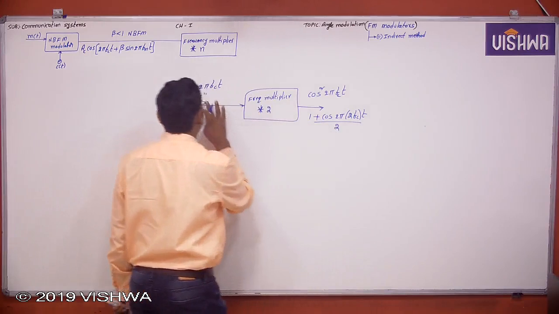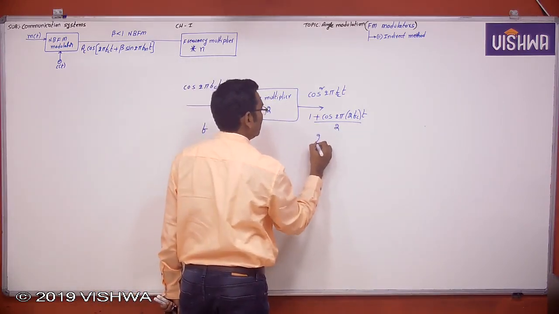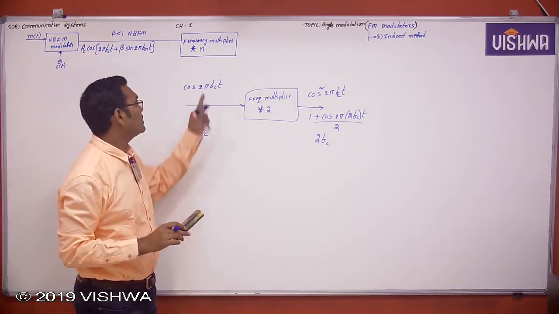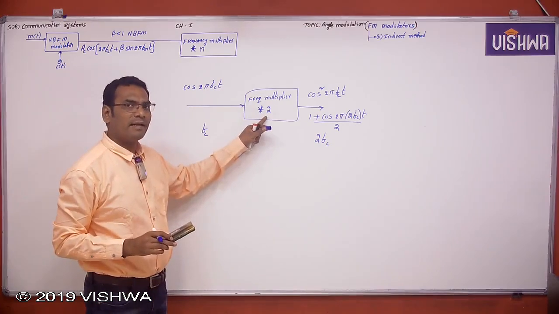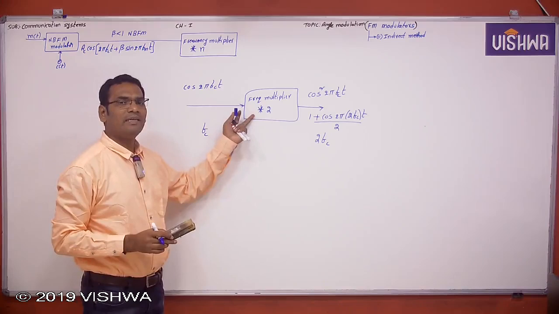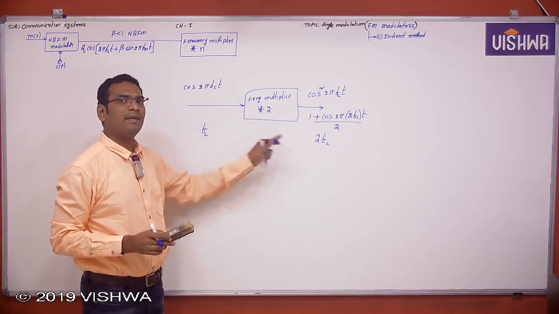So here the input frequency is fc, and the output frequency is 2fc. So for a frequency multiplier of factor 2, the frequency is multiplied 2 times. If the frequency multiplier is 3, multiplied 3 times. Frequency multiplier 4, multiplied 4 times.